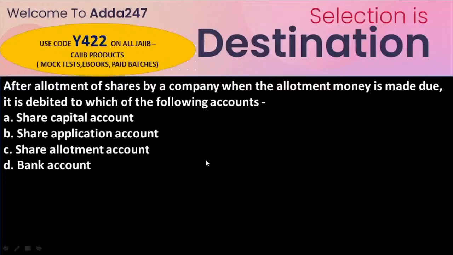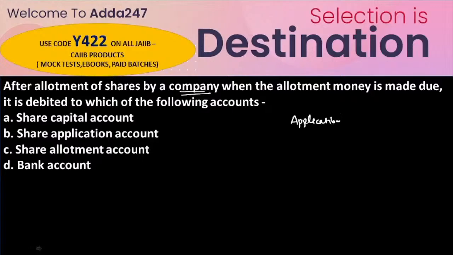Whenever any company issues an IPO, or say whenever a company is issuing shares for the first time to the general public, generally the company invites them through an application.